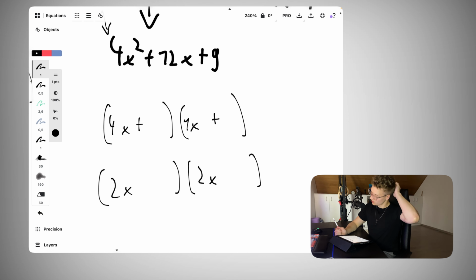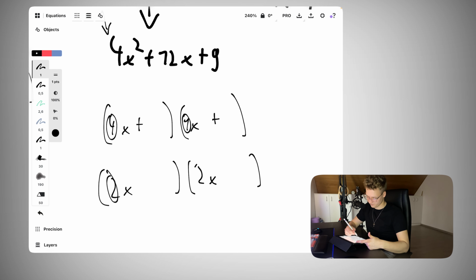Okay? And then we're gonna look at the same thing. So we're trying to see how we can split 9 into two parts that when multiplied together give 9, and when added together but multiplied by these terms here, give 12.